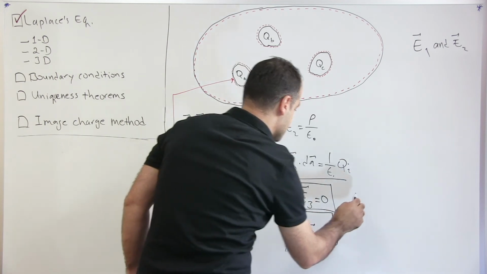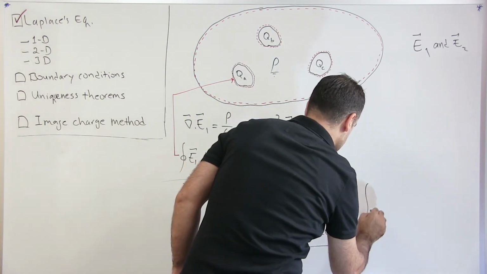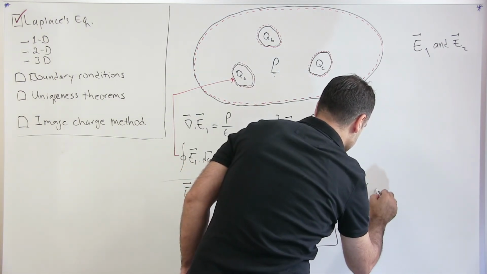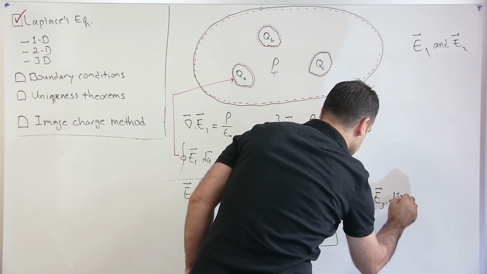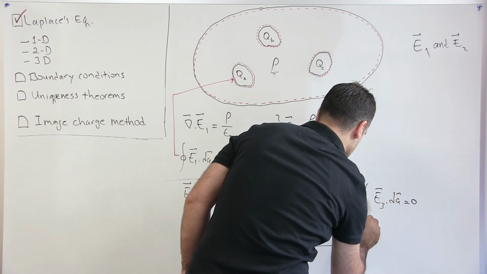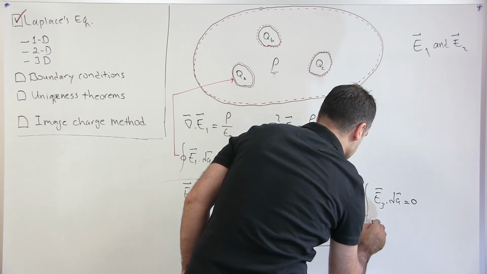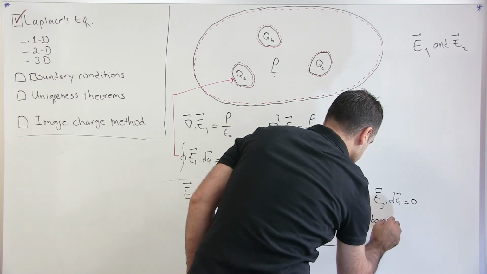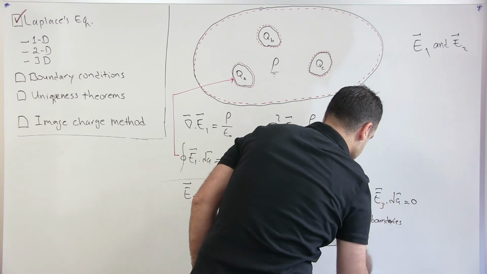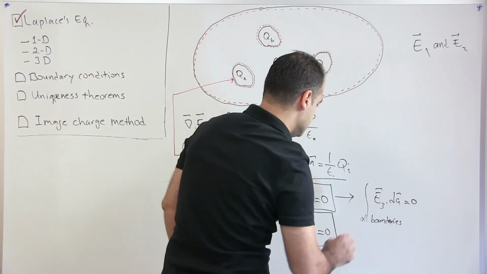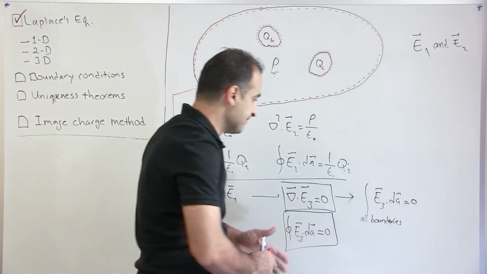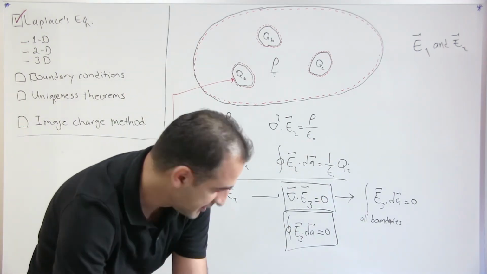Because the divergence is 0, that means the integral of E3 times dA must be 0 over all boundaries combined. So we have these pieces of information as well.